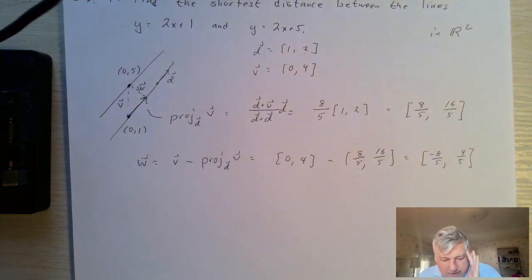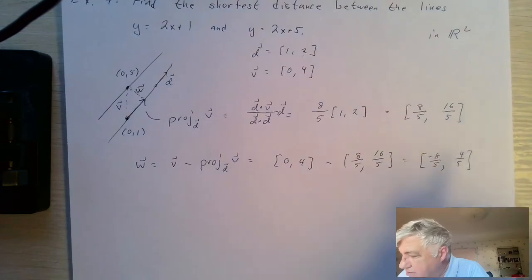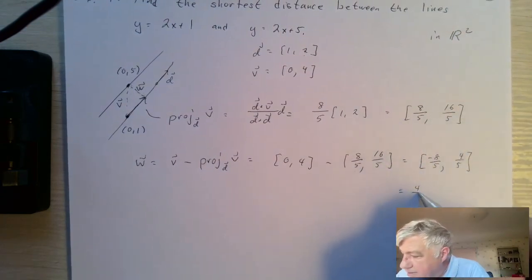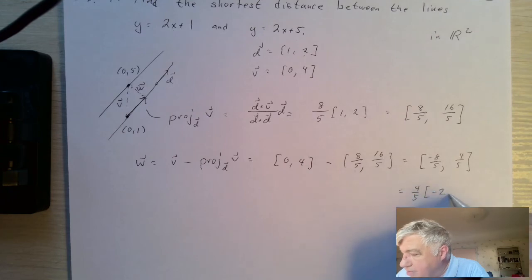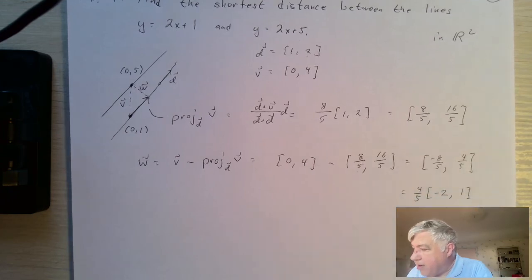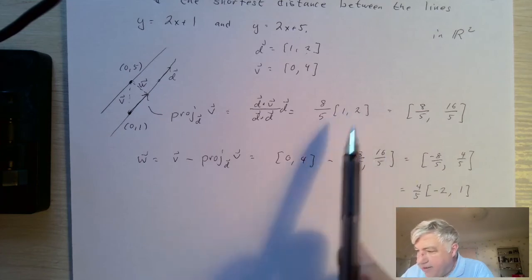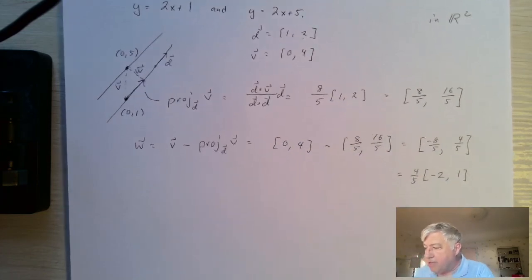And one thing that might help us before we bring out the square roots, we can factor a 4/5 out of this here. And this leaves us with negative 2, 1. And we can clearly see that this and these are orthogonal. So that's good.